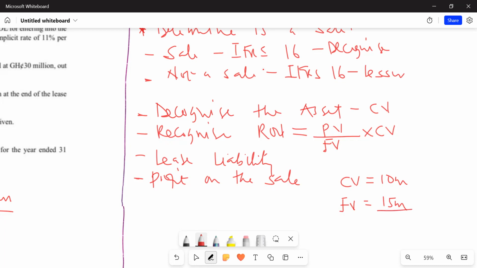All things being equal, what is the profit? 5 million. All right. You are going to recognize this 5 million if you have given the asset to the person and you are not taking the asset back. Okay. So all things being equal, 5 million should have been the profit.